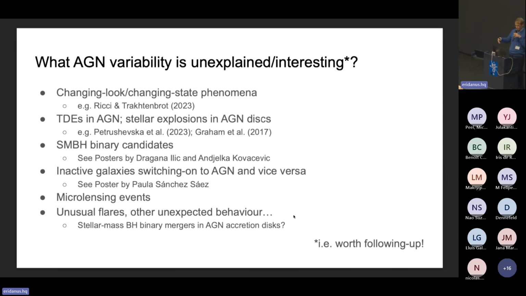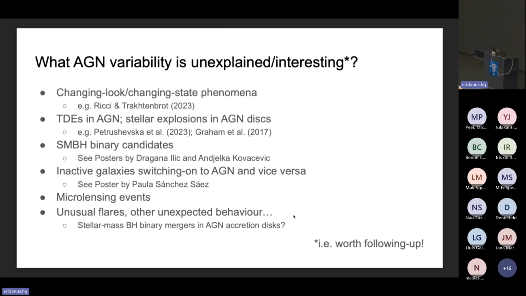And then if we start thinking about more exotic phenomena, there have been some claims in the literature of TDEs inside AGN, or possibly supernovae-like events within an AGN disk. At some level, anything that could happen in the ISM could happen in an AGN disk, and what would that look like? I think it's a question that LSST might be able to give us answers to.